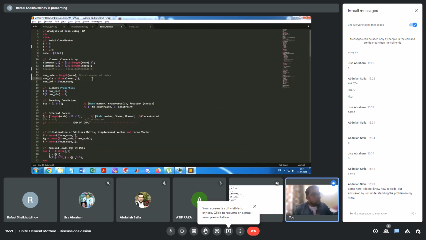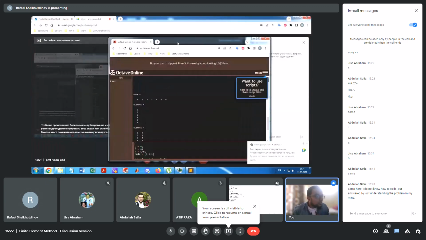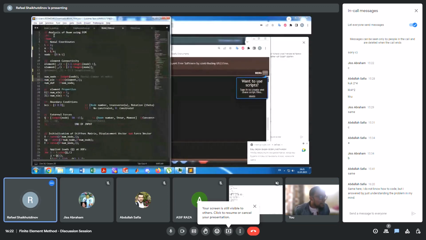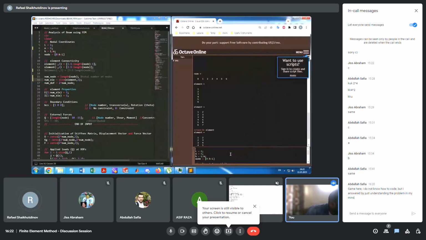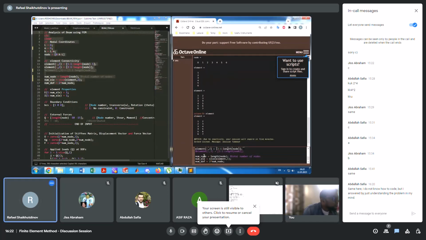If you see, my element matrix came out with 6 rows and 2 columns. The element matrix is 1, 2, 2, 3, 4, 5. If you type size of element there, let me do it.